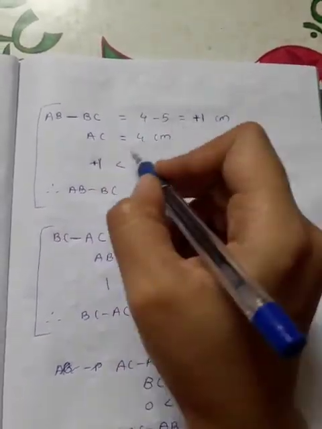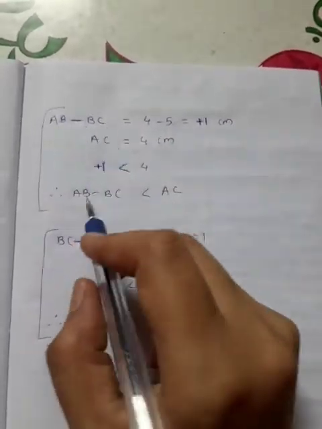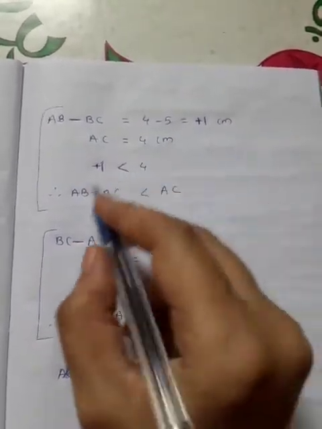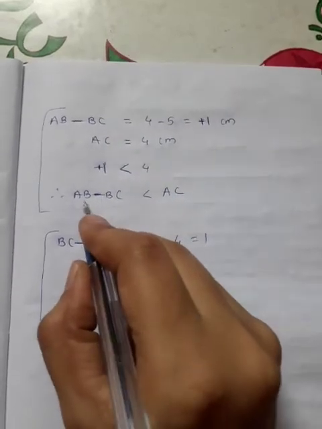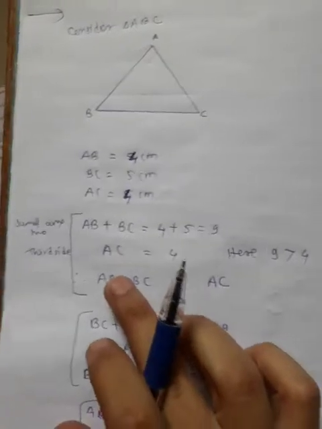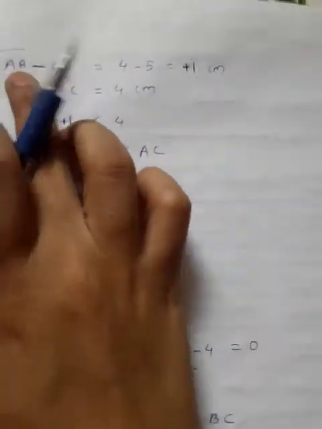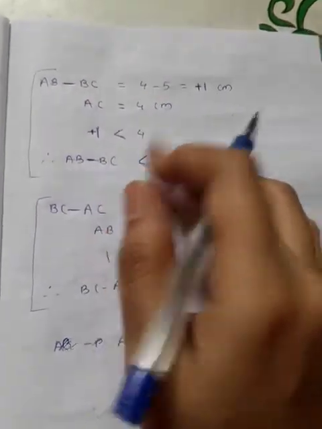So here 1 is less than 4, so AB minus BC is less than AC. So here the difference between two sides is less than the third side, and the sum of any two sides is greater than the third side.